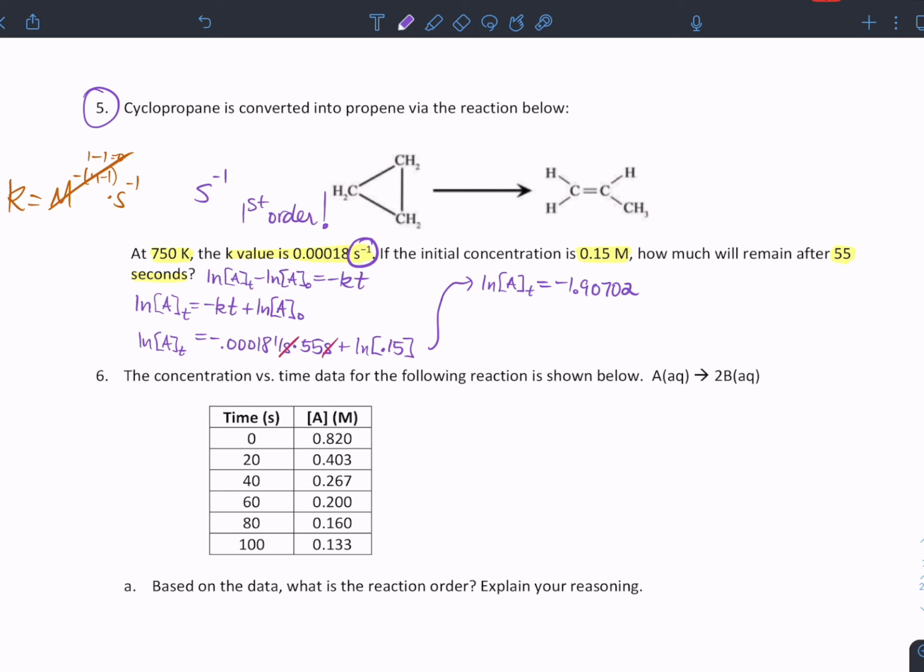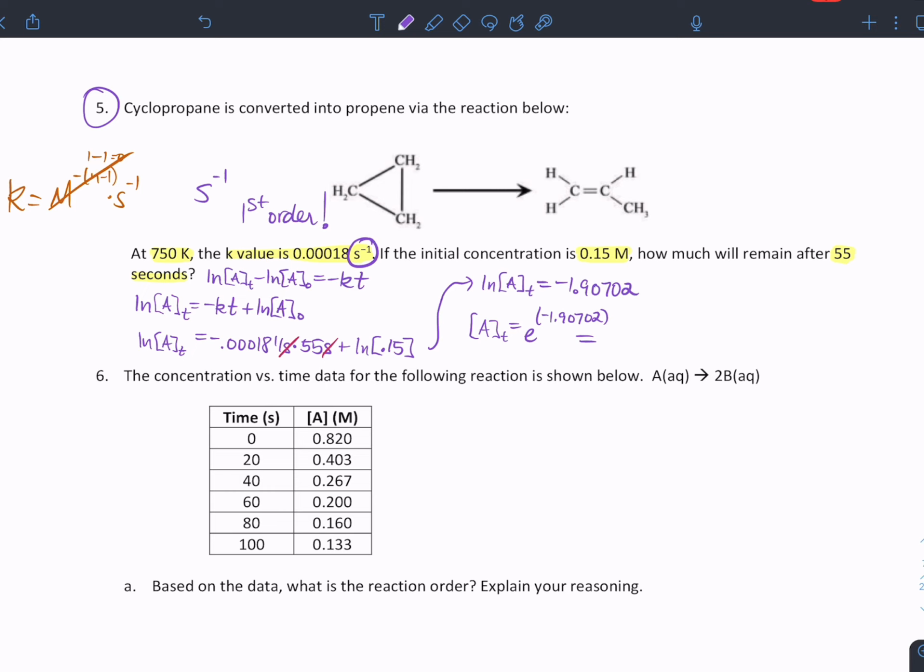Okay, so if I'm going to find the concentration of A at that 55-second point, I'm going to take an inverse natural log of that value, negative 1.90702. This is a point where I like to use the answer button in my calculator to help me out, so I don't have to type all that back in.